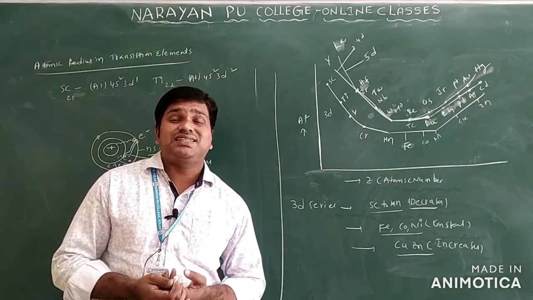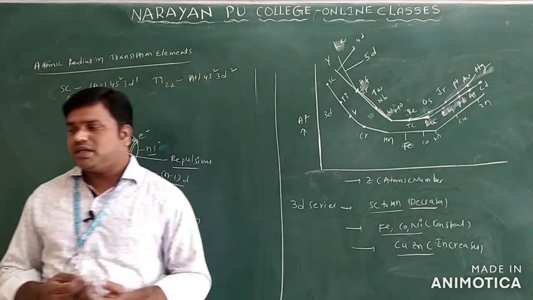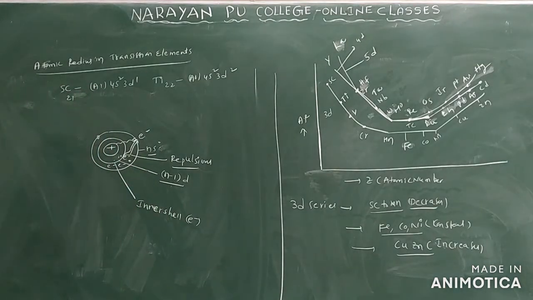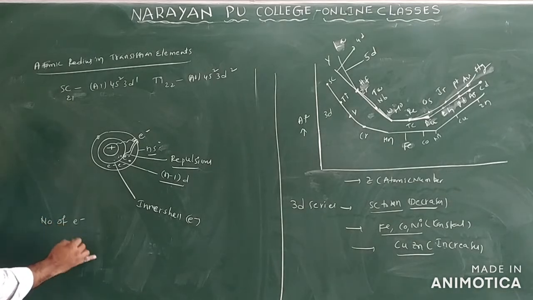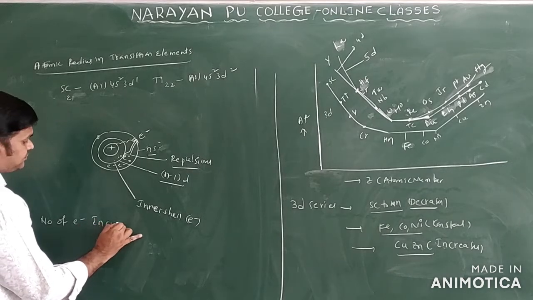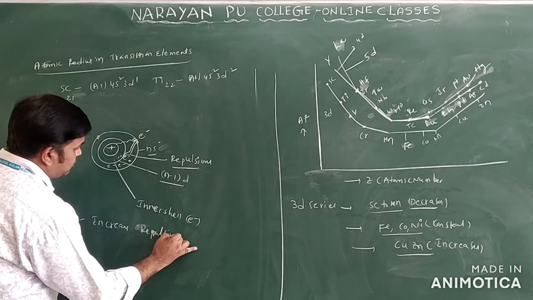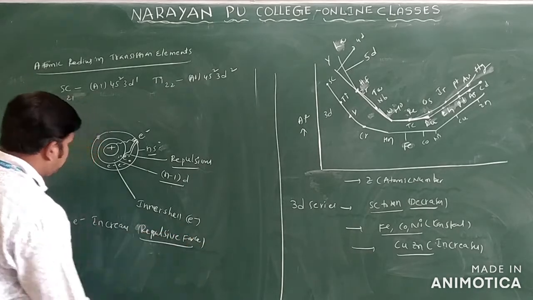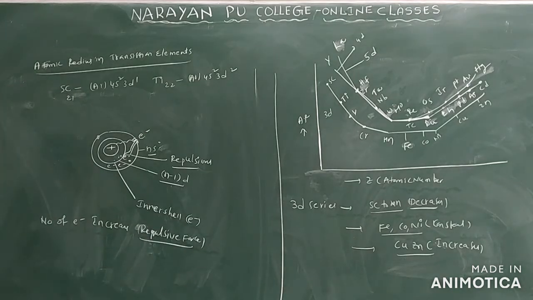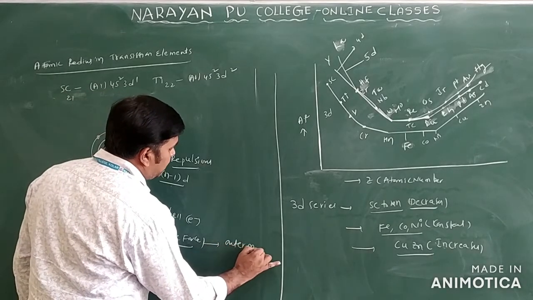When the number of d electrons increases, the repulsive force increases. Generally, when the number of electrons increases, the repulsive force increases, and this repulsive force acts on the outermost electron.